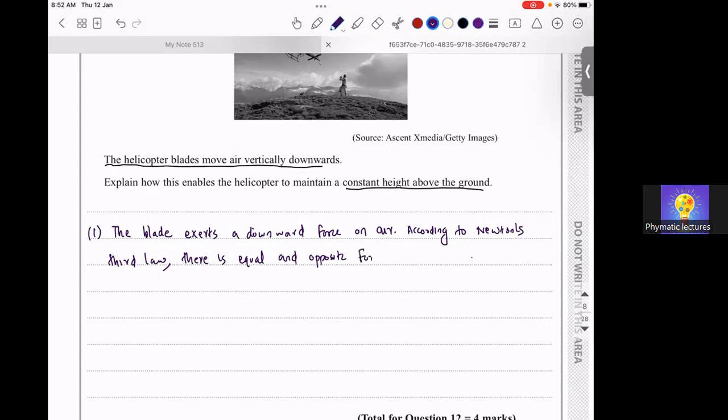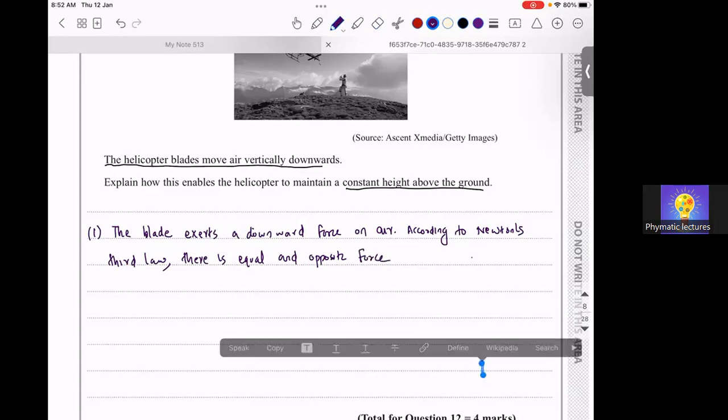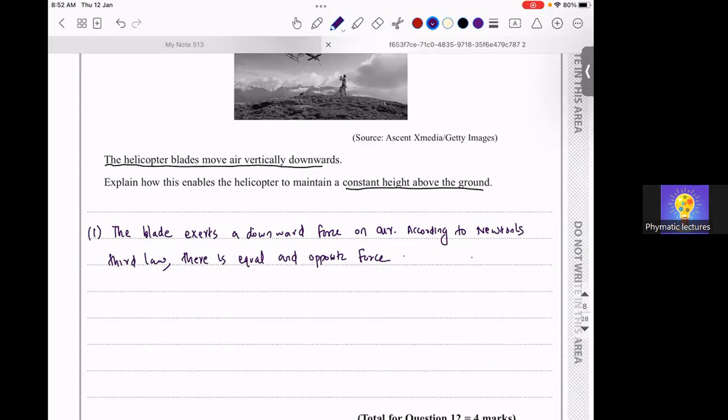That is actually the correct word. There is an equal and opposite force acting on the helicopter.